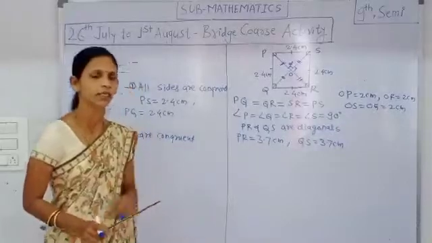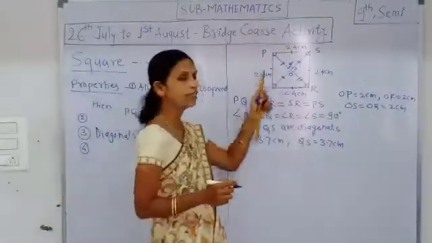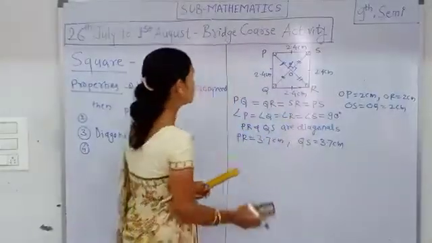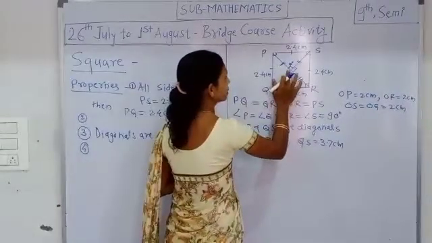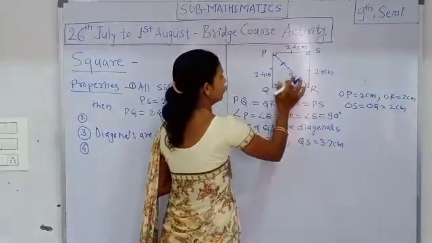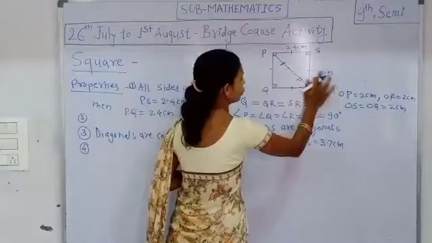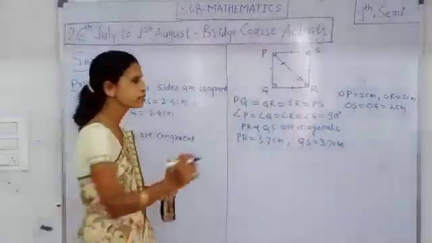Then if the side of the square is given, we can calculate the diagonal of that square. See in this figure, square PQRS is given, of which the side is 6 centimeter.